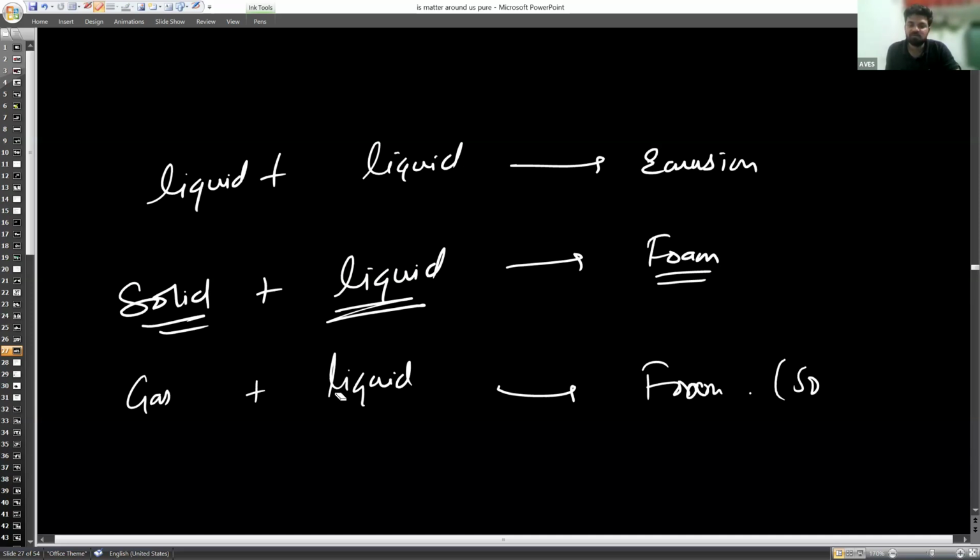Gas dissolved in solid. Let me check. I think gas dissolved in liquid is not foam. Let me check just.